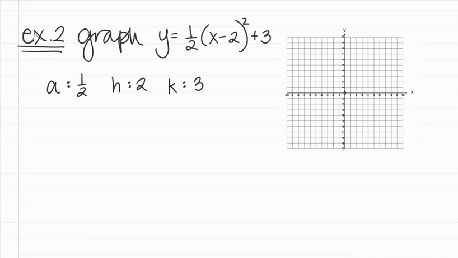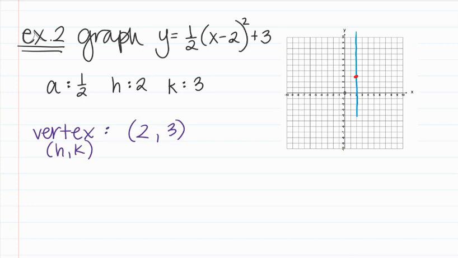So let's find our vertex first. And we know the vertex is (h, k). So (2, 3) is going to be our vertex. It's also going to be an indication of where our axis of symmetry is, our mirror type line.